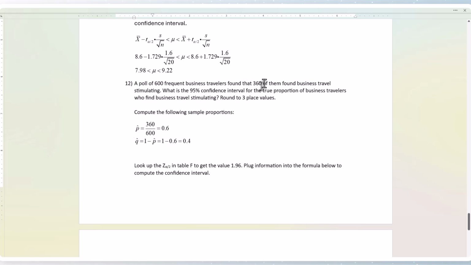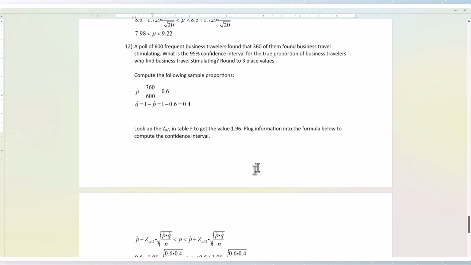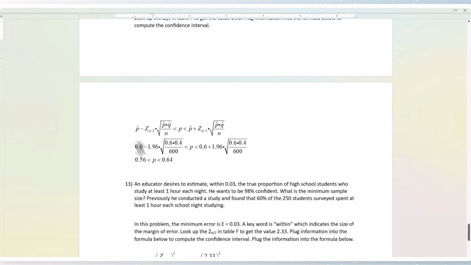That's 360 out of 600, 0.6. Then we calculate the complement of the sample proportion. That's going to be Q hat, which is 1 minus P hat. 1 minus 0.6 is 0.4. 95%, we can look that up in the table to find the z-value, 1.96. We plug that information into our formula.